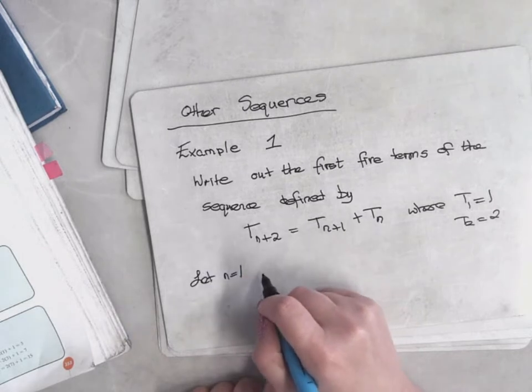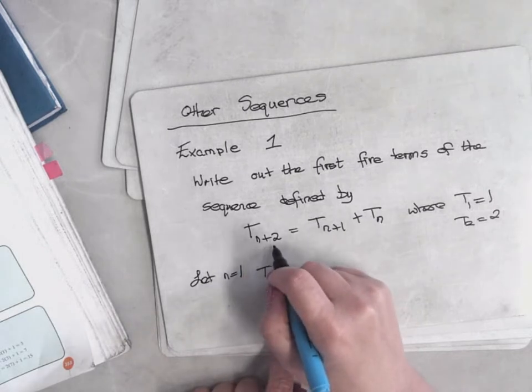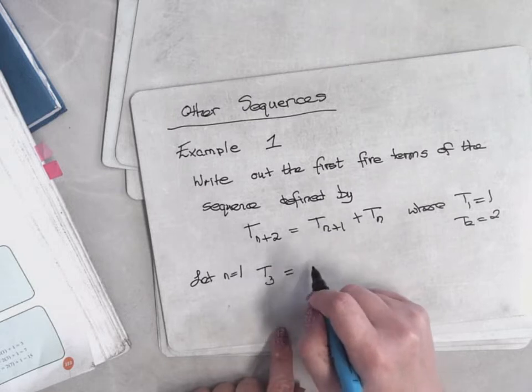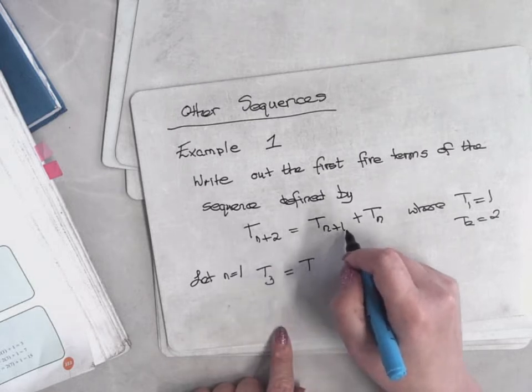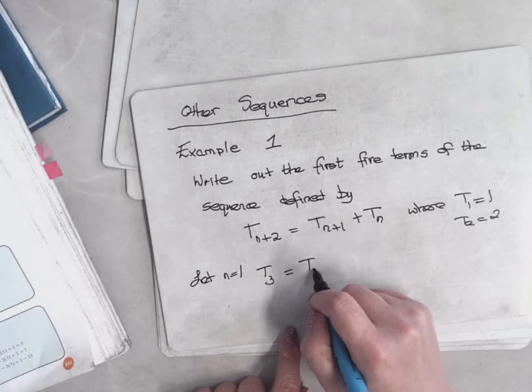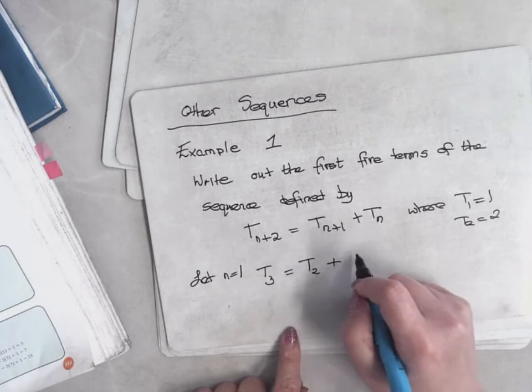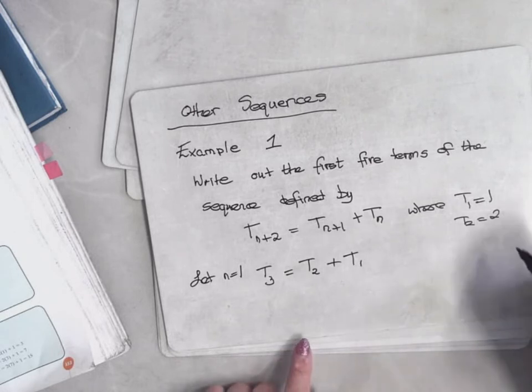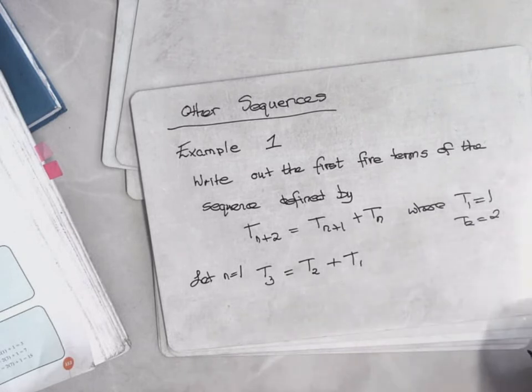So that means term 1 plus 2, what would that be? Term 3 equals, instead of n put in a 1, term number 2 plus term number 1. We have term number 2 and term number 1, don't we?